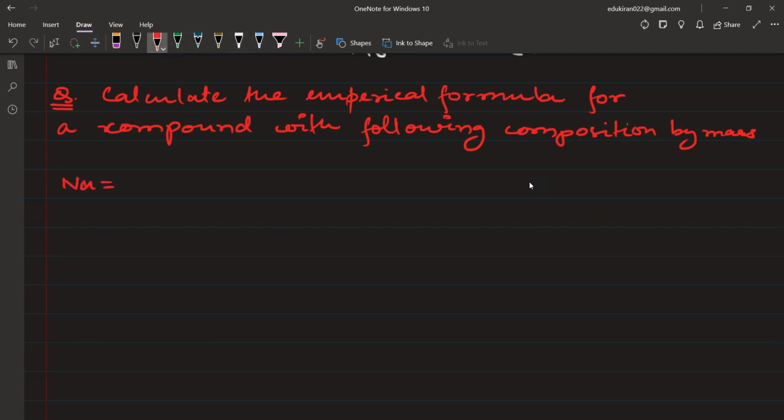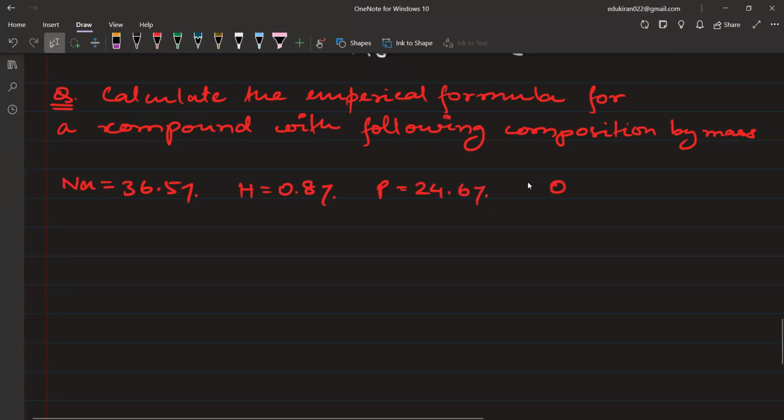We have sodium 36.5 percentage. Next we have hydrogen 0.8 percentage. Then we have phosphorus 24.6 percentage. Then we have oxygen 38.1 percentage.